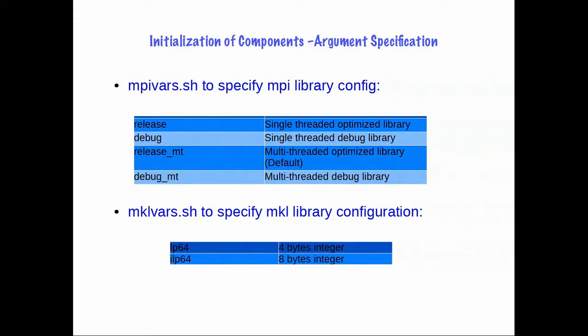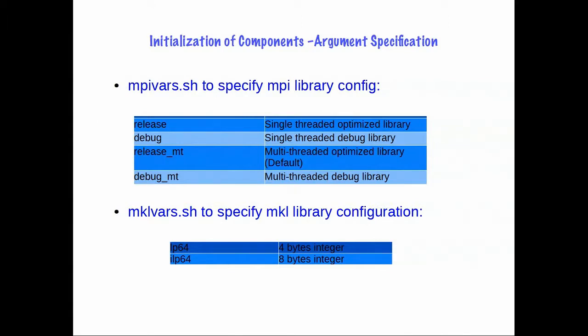And so it comes to how one selects these. Intel provides a package with scripts to choose, and one would specify the argument as release, debug, release_MT, or debug_MT to the mpivars script to make the choice, and that'll set all the paths to the correct libraries that you're using.